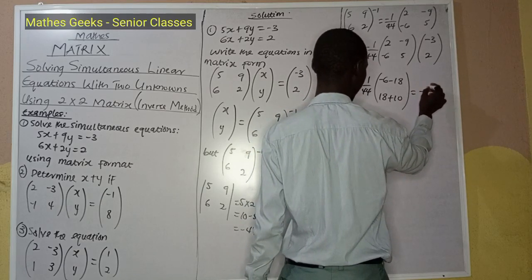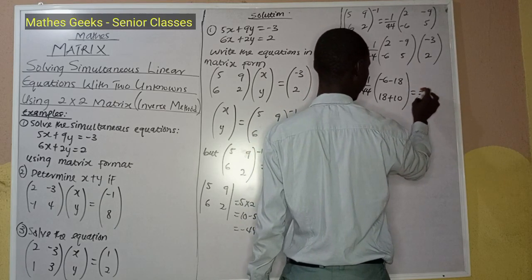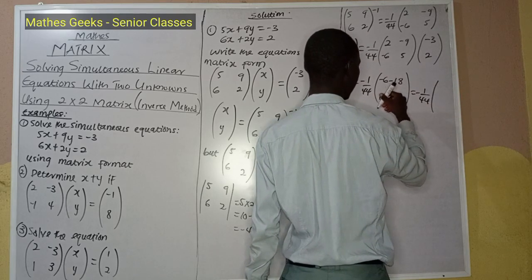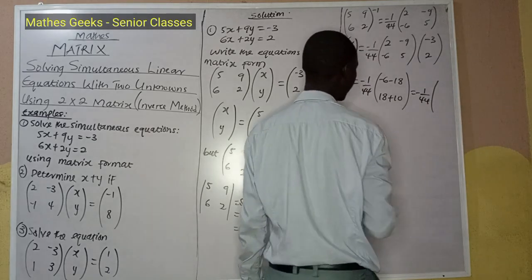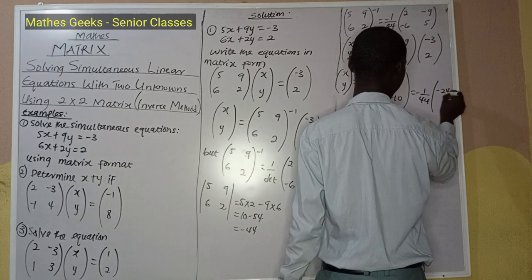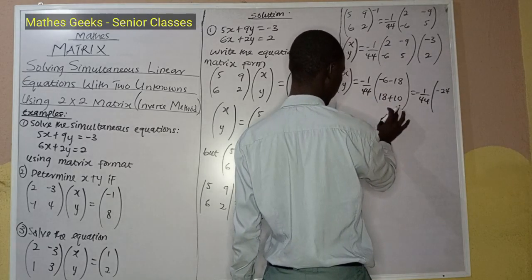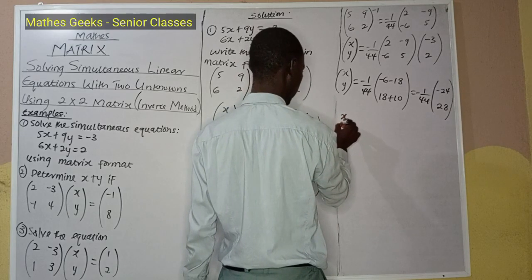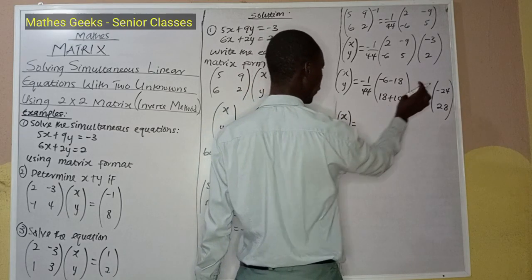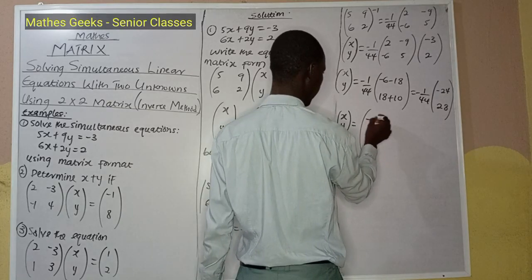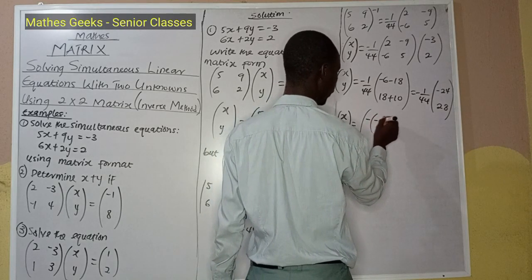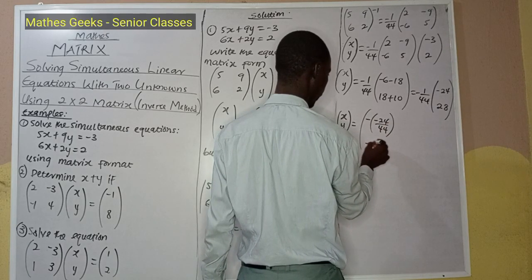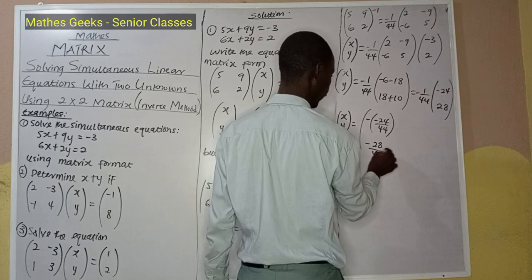We're going to have minus 1 over 44, minus 4 minus 18 is minus 22, and 12 plus 10 is 22. So x, y, we'll multiply: this will give us minus times minus 22 over 44, and here will be minus 22 over 44.